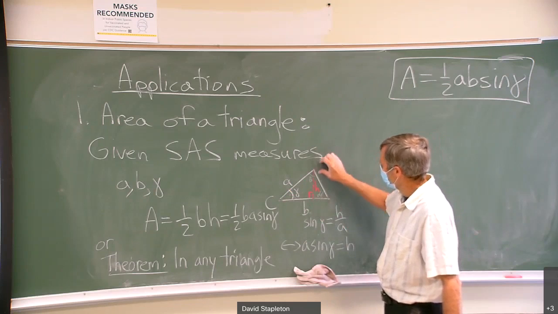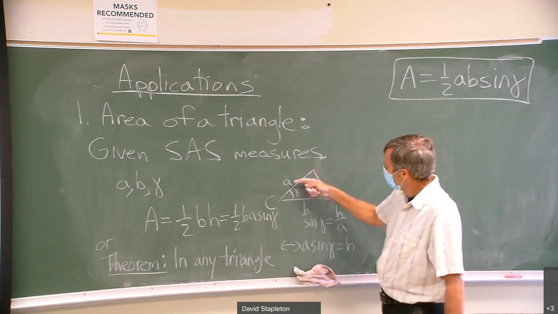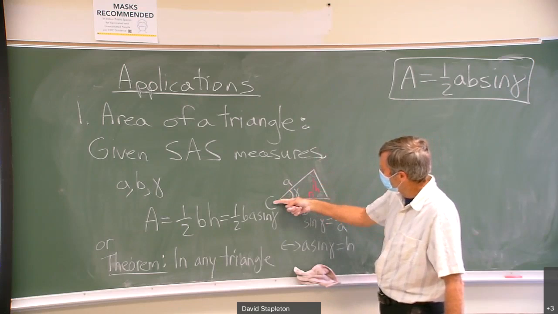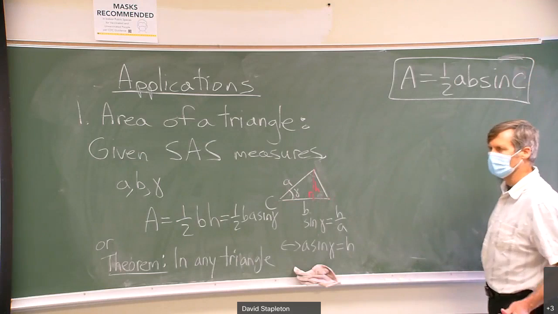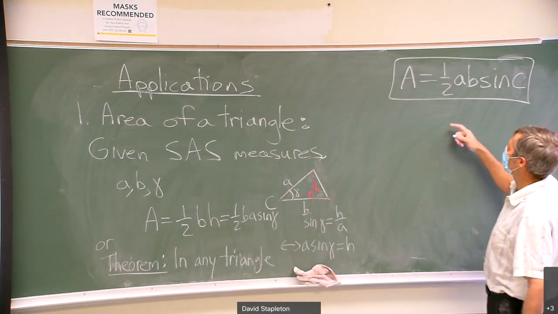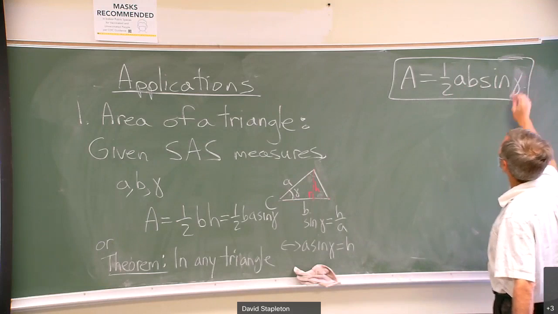So if you use the other prescription, then it's 1/2 AB sine C using the other angle. This is the way I remember it. It's right, 1/2 AB sine C is the formula. It's very easy.